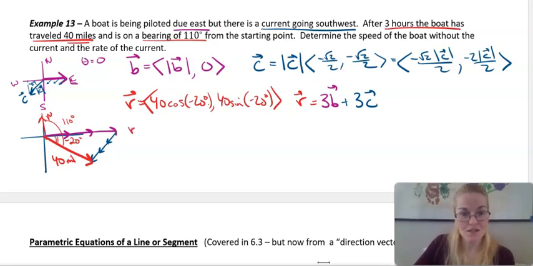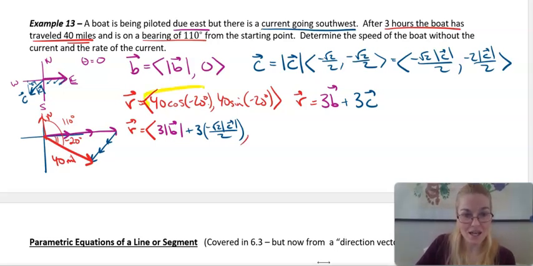That means R is also equal to, well, 3 times B is just 3 times the magnitude of B in the horizontal component, plus 3 times, well, this is going to be negative the square root of 2 times the magnitude of C, all divided by 2. So that's my horizontal component. So this must equal this.